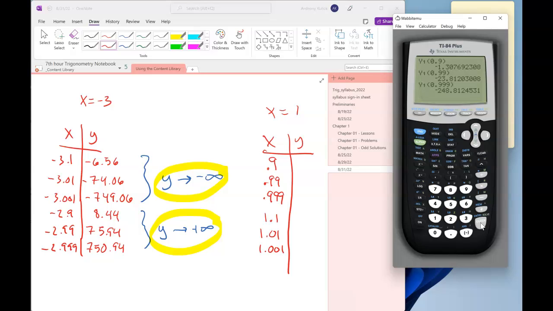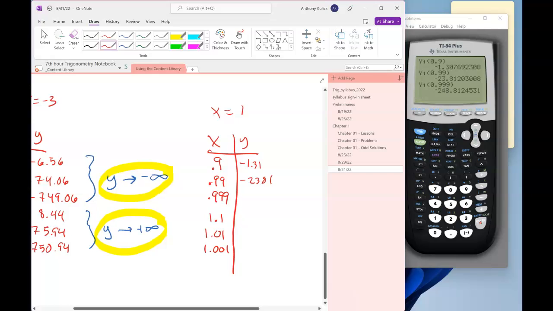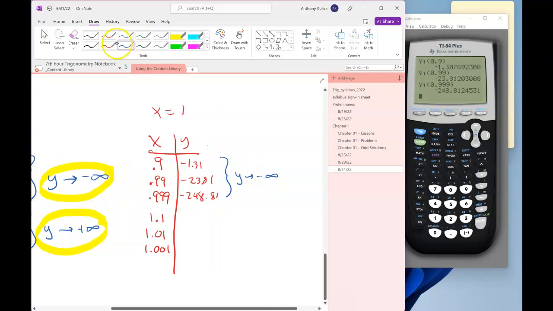What do I see happened here? Kind of the same thing, right? That again, those y values are just getting smaller and smaller and smaller the closer I'm getting to 1.